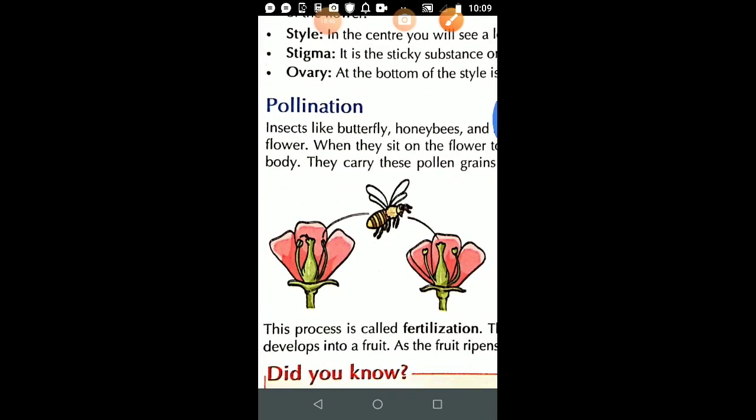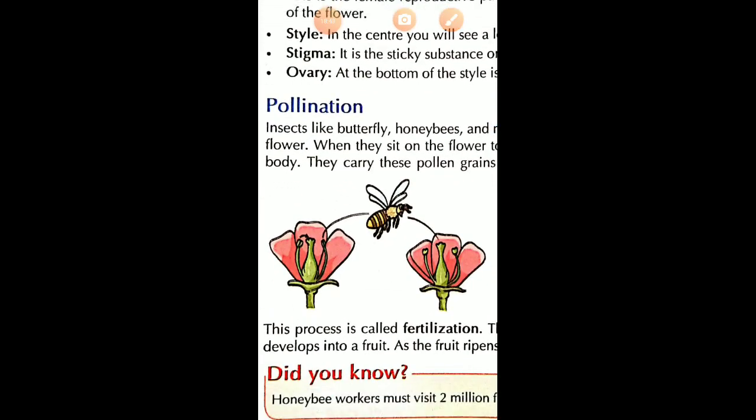This pollination is possible due to different agents like air, or you can also say wind, or water.